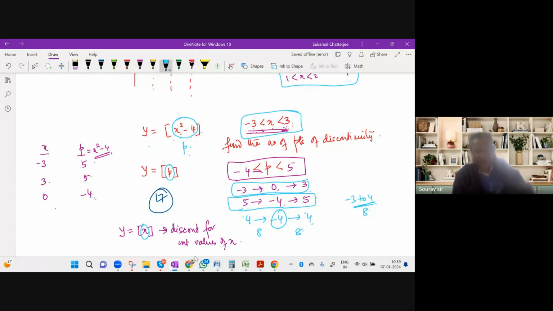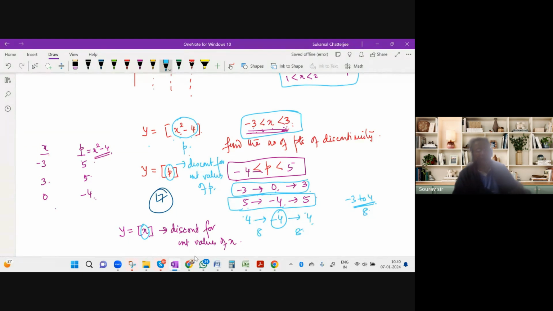Now it is in this form, gint of p. So this will be discontinuous for integer values of p. Is it clear up to here? Yes, sir.